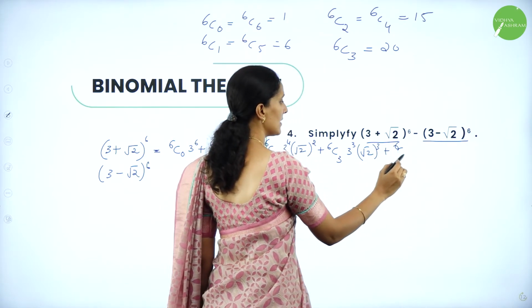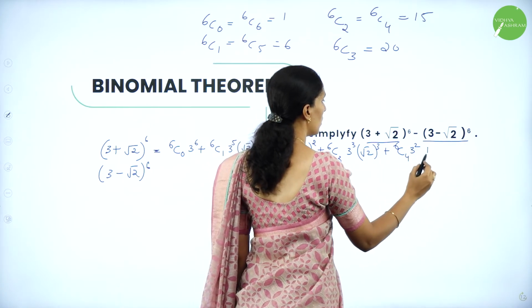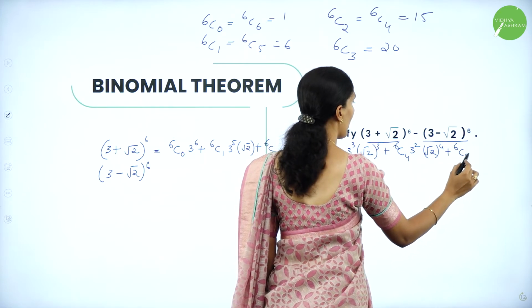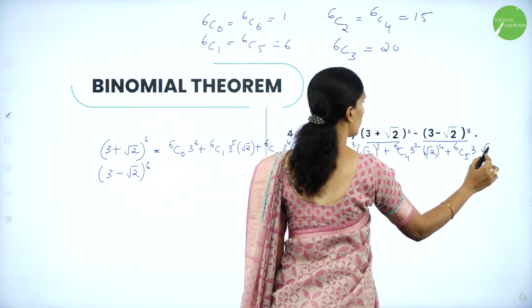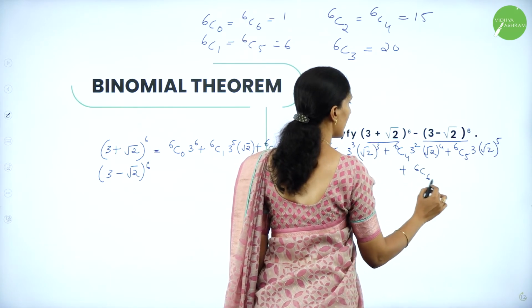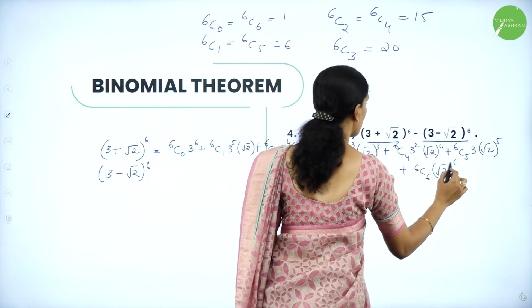Next 6C4, 3 square root 2 whole power 4. 6C5, 3 root 2 whole power 5. Finally, 6C6, 3 is absent, root 2 whole power 6.